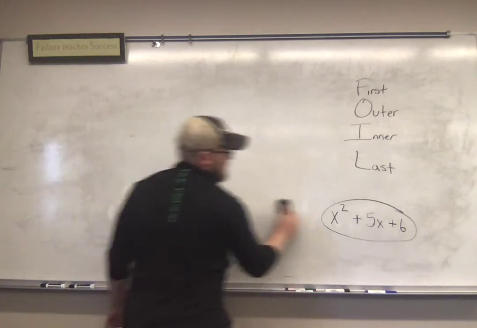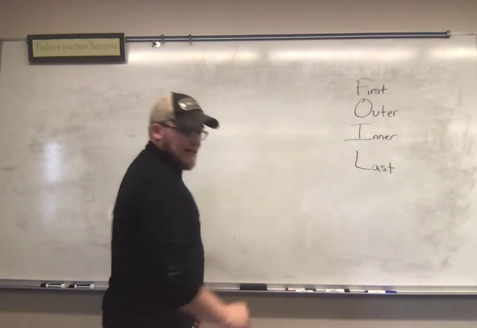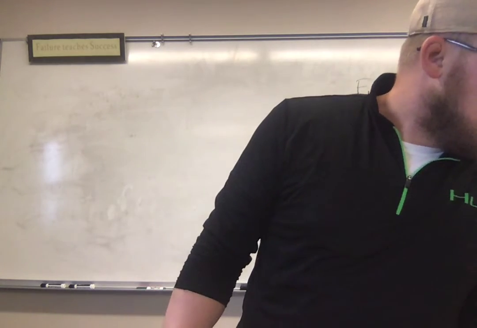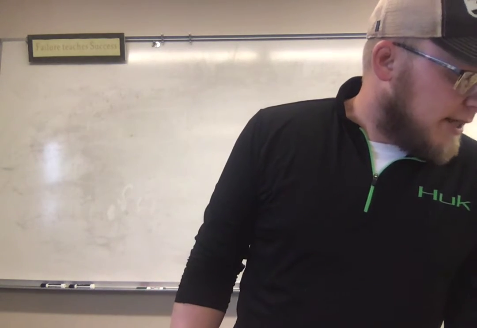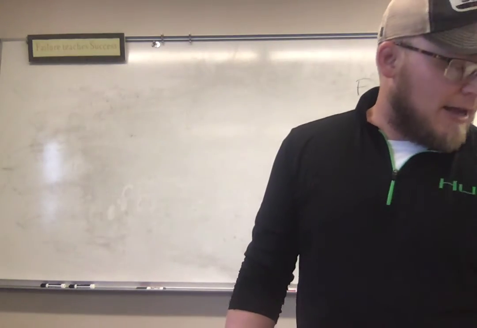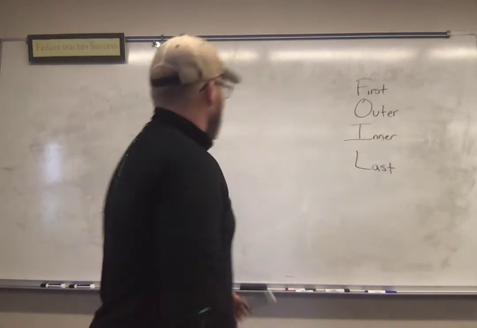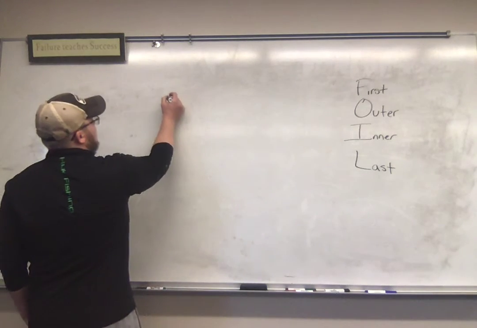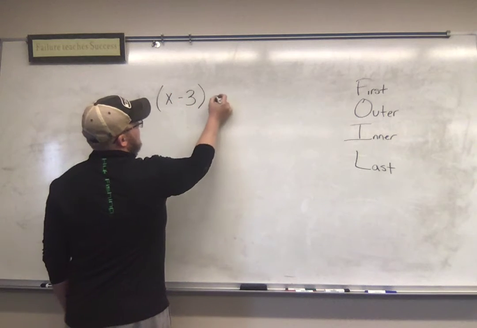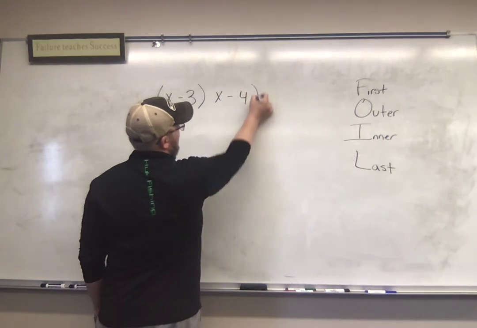The question says expand x plus 3 and x plus 2. Well, we just did that one. Actually, let's do example 4. We'll expand x minus 3 and x minus 4, because we haven't done that one. So this is example 4. It's x minus 3 and x minus 4.